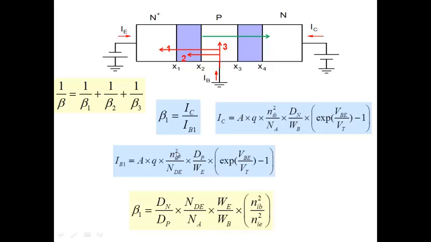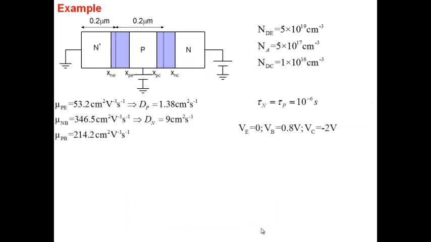So for that reason, because the doping is different in these two regions, we have kept Ni also different in these two regions here. And therefore, if we take the ratio of these two quantities, we get the current gain, the ratio of the dopings, the ratio of the thicknesses, and NiB square over NiE square.